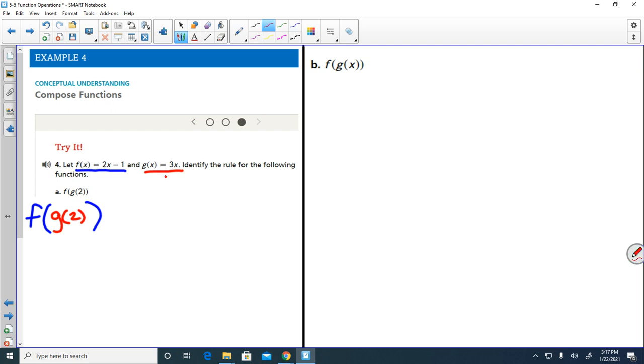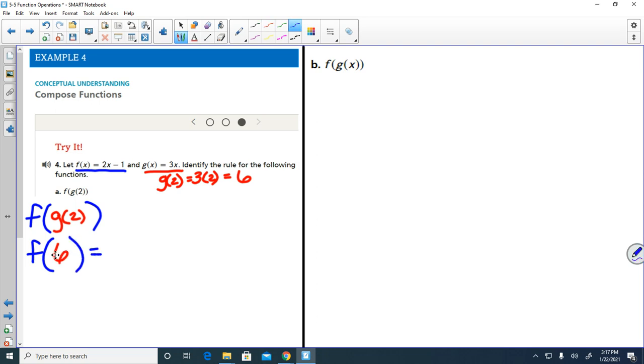I'm going to come over here. What is g of 2? Well, g of 2 would be 3 times 2, because that means put 2 in for the x. Well, 3 times 2 is 6, so g of 2 is 6. So now, for my composition, we know g of 2 is 6, so I'm going to find f of 6.